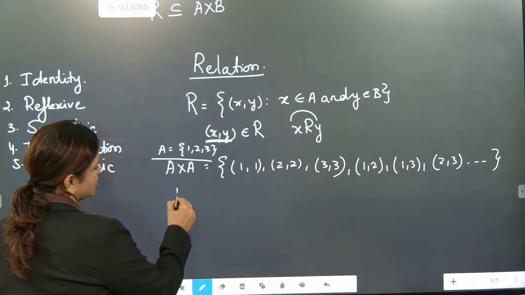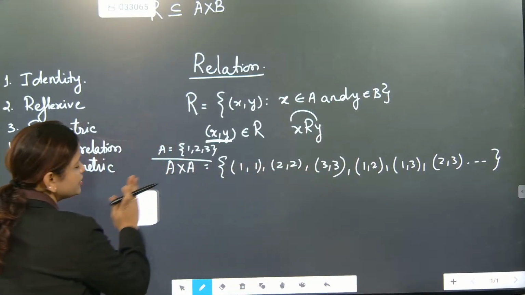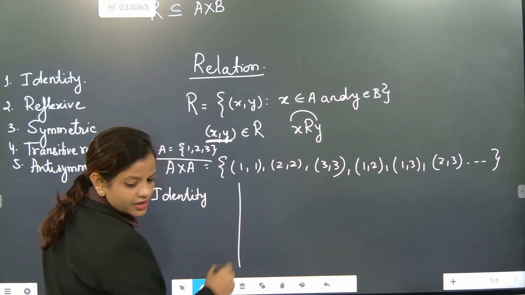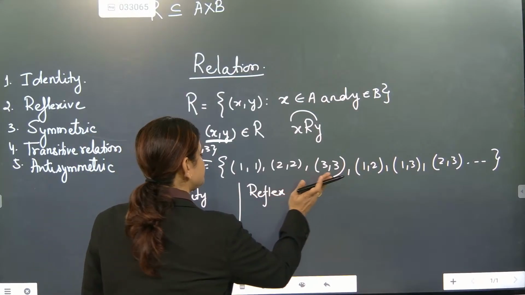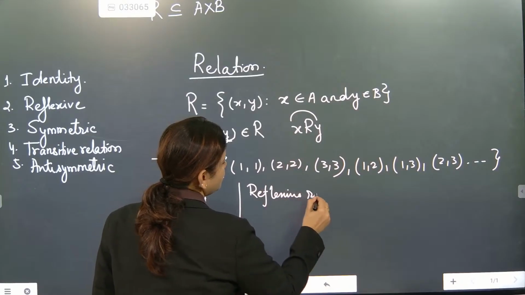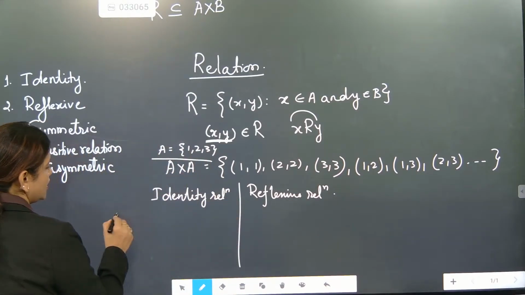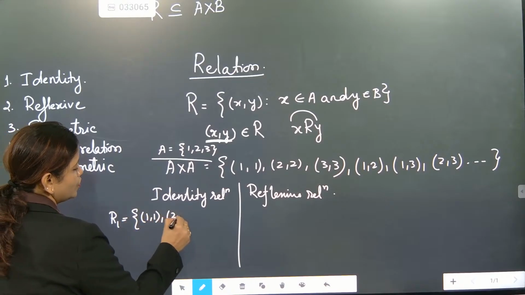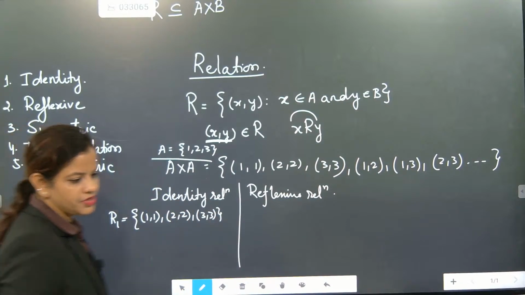Now for the relation, you check. In a relation, if it is written like 1 1, 1 2, what is the specific difference between identity relation and reflexive relation? If a relation is written like this, 1 1, 2 2, 3 3, only this much, no other element should be inside.